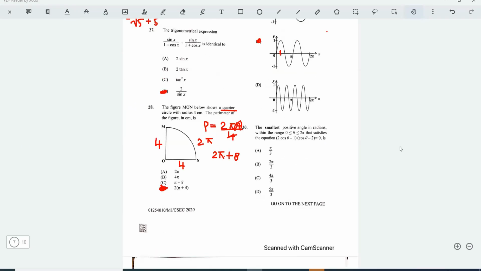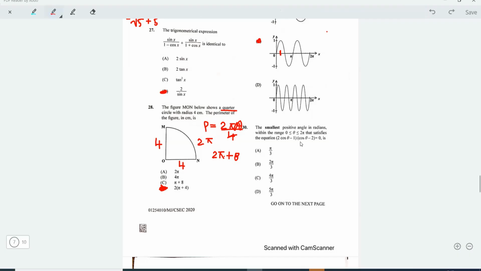All right. Now let's look at this right here. It says, find the smallest positive angle in radians such that it satisfies this equation.